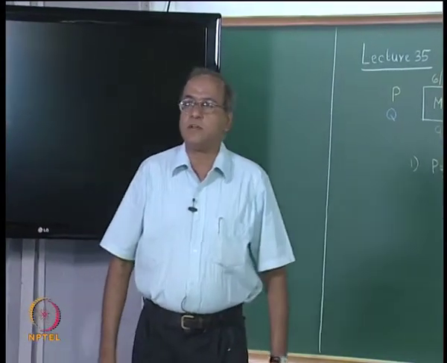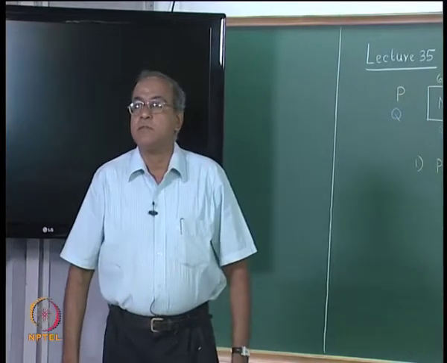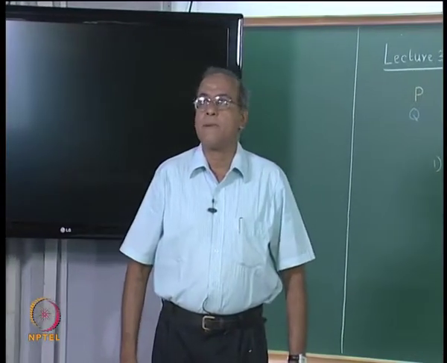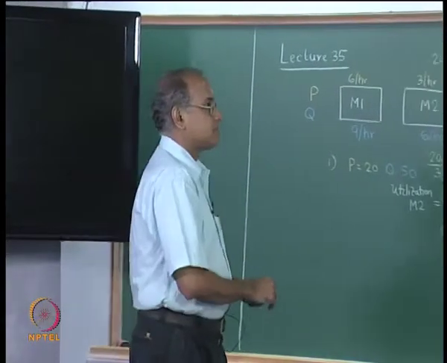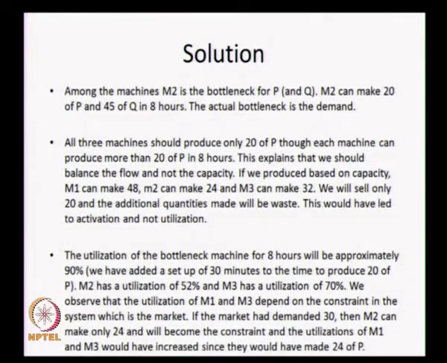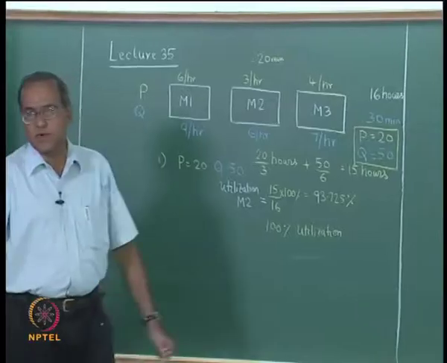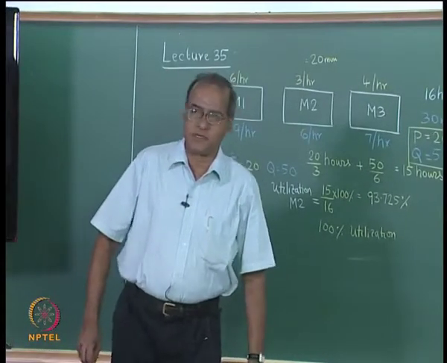So, utilization for the bottleneck machine will be 93.725%, and if we add the changeover times, it becomes 100%.